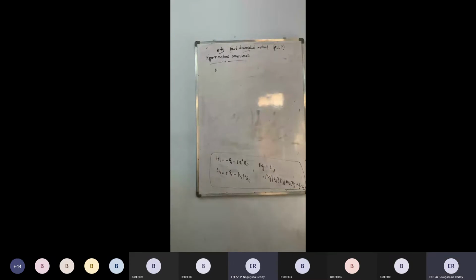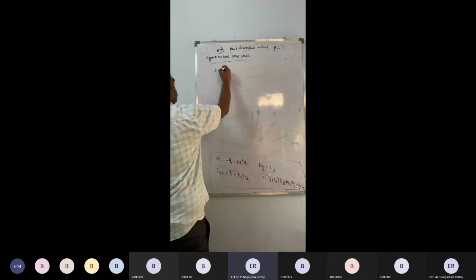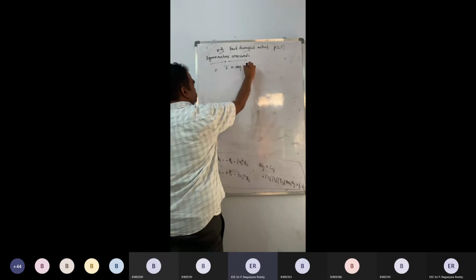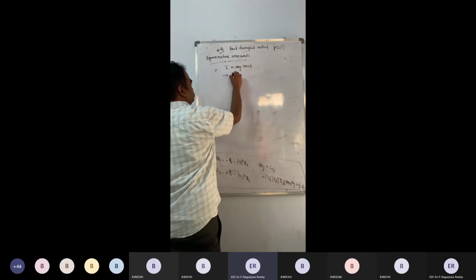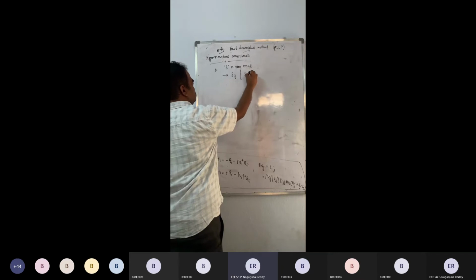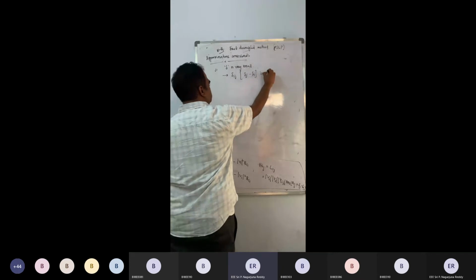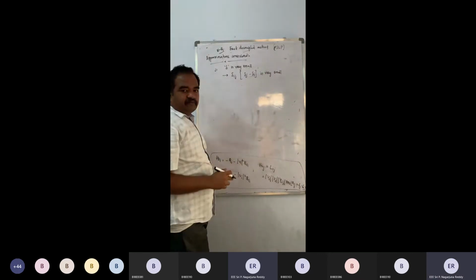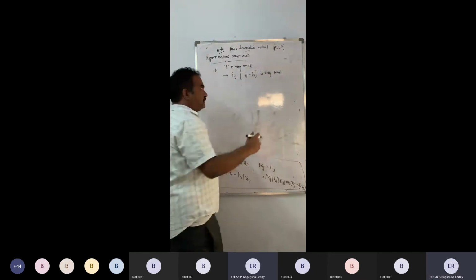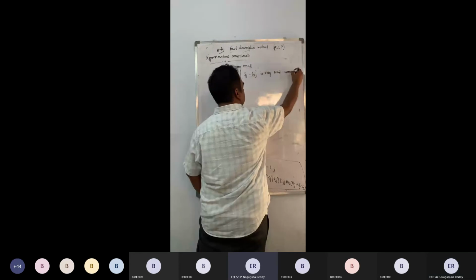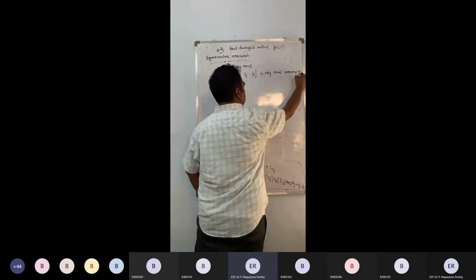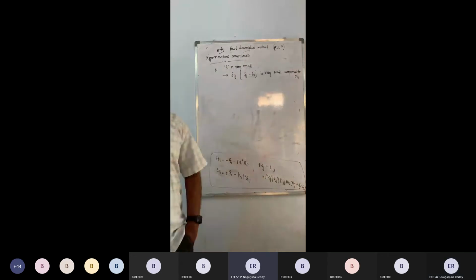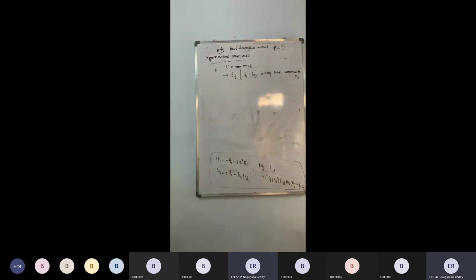The approximations which are considered for the Newton-Raphson fast decoupled method are: the delta values, which are the angles of bus voltages, are very small compared to the angles of admittance.